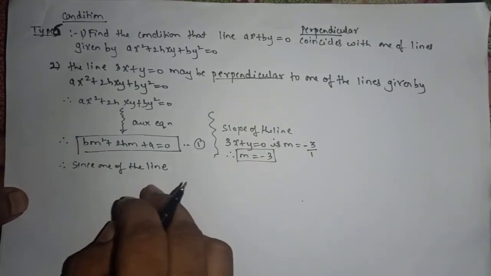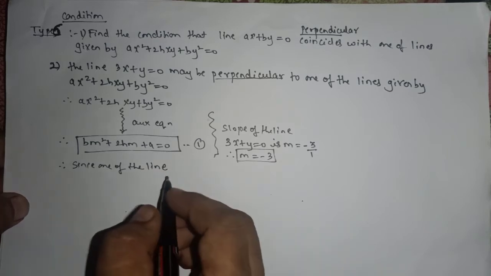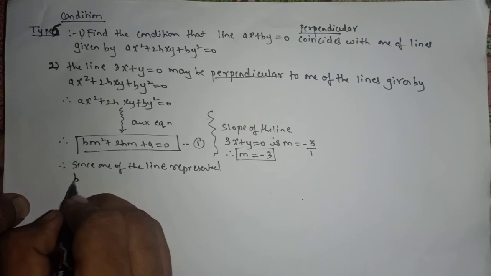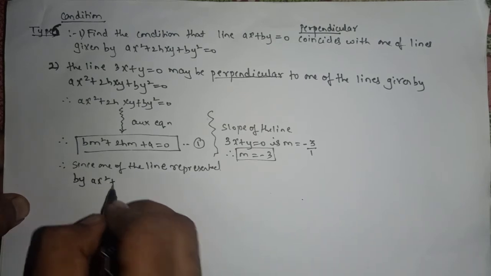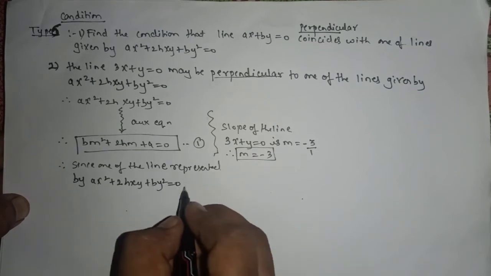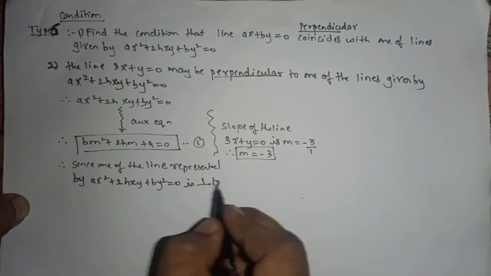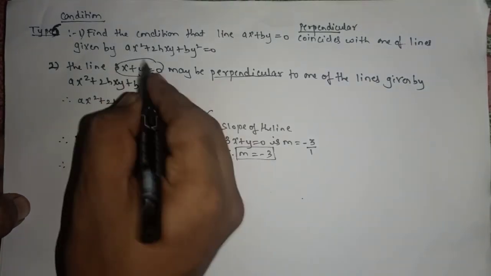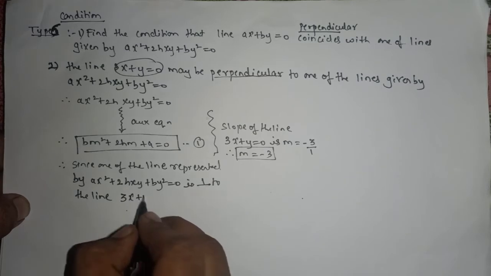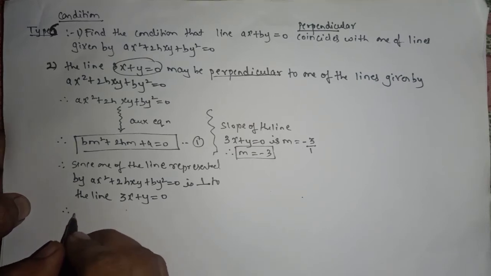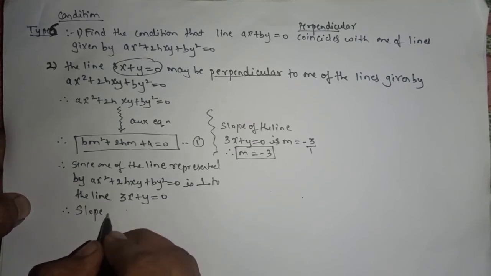Since one of the lines represented by ax square plus 2hxy plus by square equals to 0 is perpendicular to the line 3x plus y equals to 0, what will be the slope?